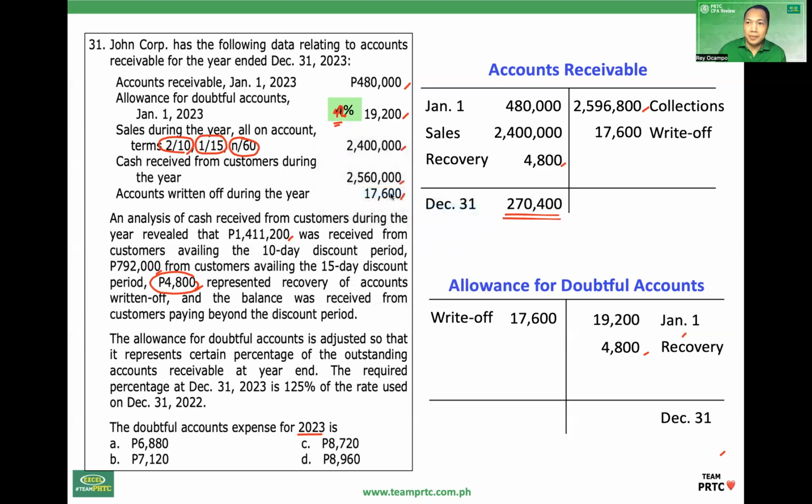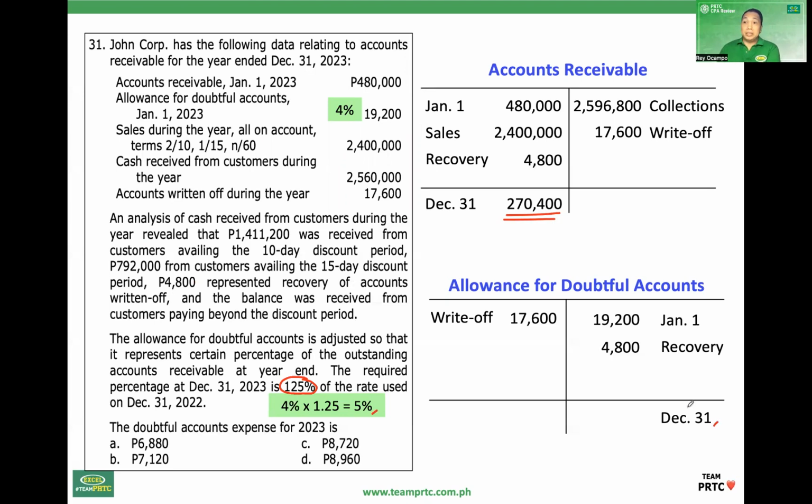Now, the required percentage at December 31, 23 is 125% of the rate used on December 31, 22. So kung 4% yan last year times 1.25, yung gagamiting rate for 2023, 5%. And that is 5% of the December 31 balance of AR.